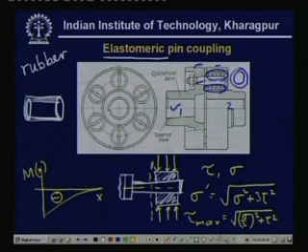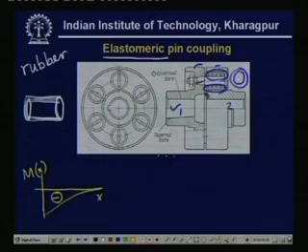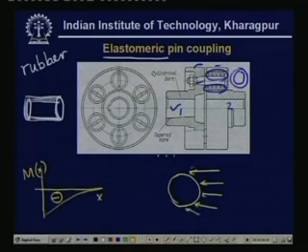Now another way of looking at the stress is that of the bush. Here the bush, as you see, or the elastomer, is subjected to bearing pressure, and this bearing pressure you can calculate, and the procedure is very similar to calculating the bearing pressure in the bolt in the flange coupling.